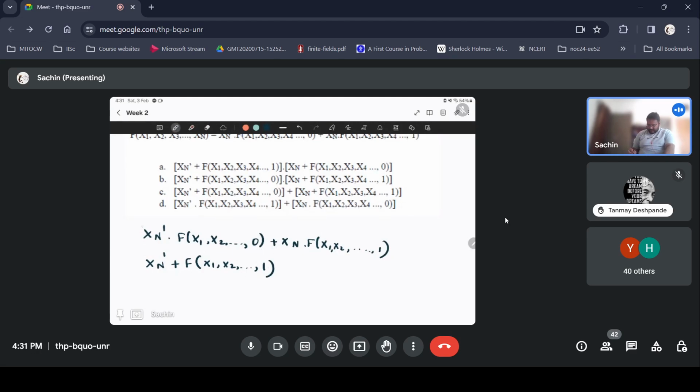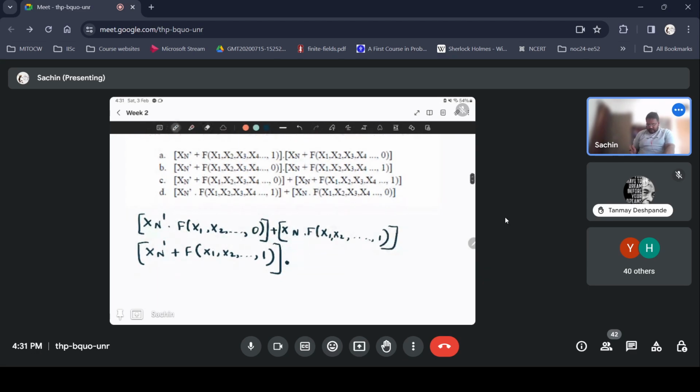So this is the first term, this is the second term, and they are being ORed here. So that OR will change to AND in the dual. So you will get AND, again this AND will change to OR.